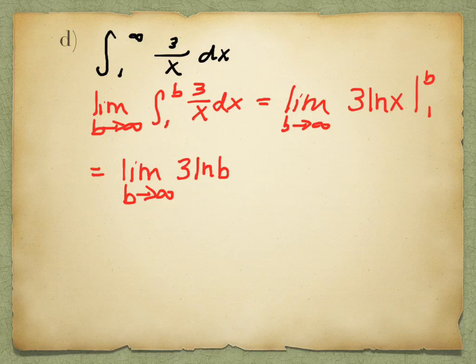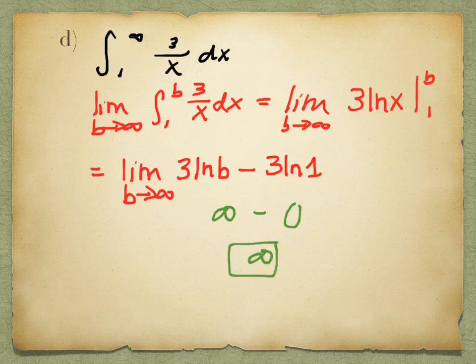Three natural log of b minus what? 3 natural log of 1. Let's do the 3 natural log of 1 first. What's 3 natural log of 1? 0. That is 0. What's 3 natural log of b? That's infinity. So I have infinity minus 0. That's infinity. So it diverges.